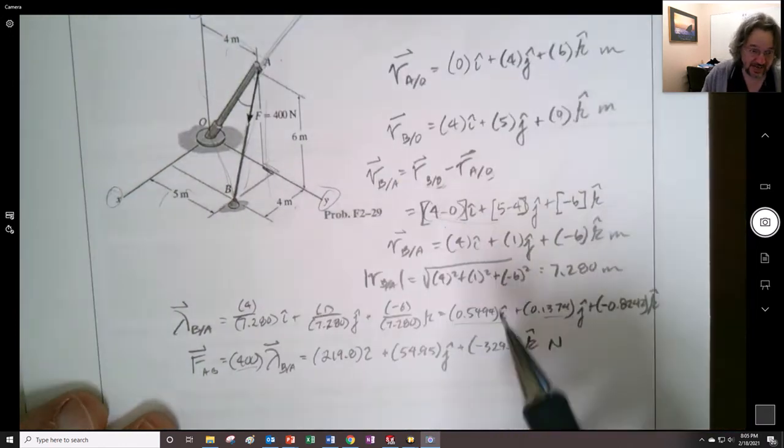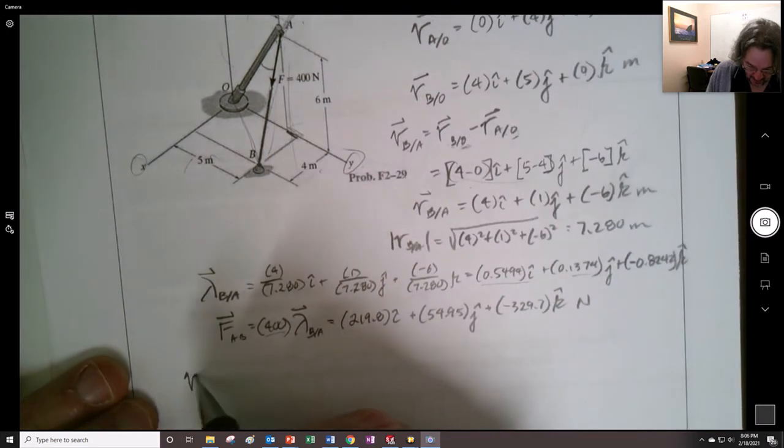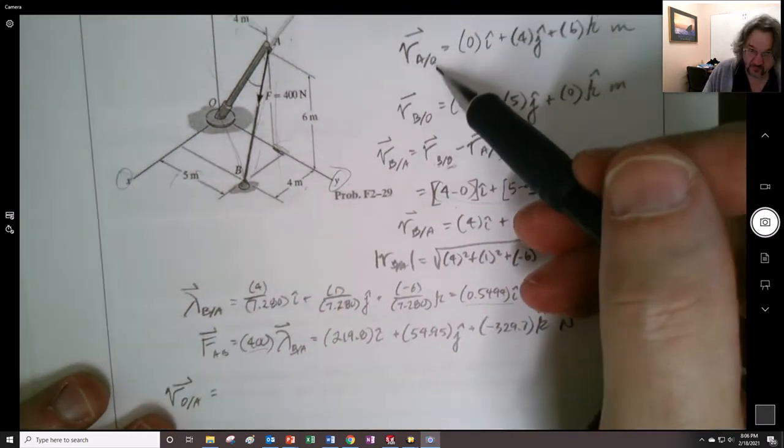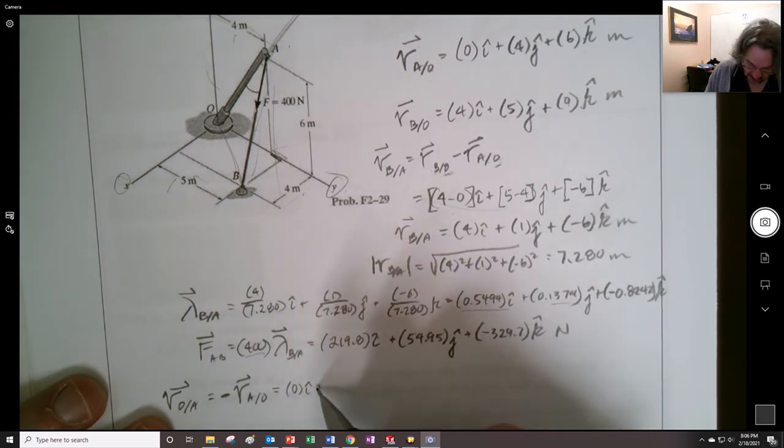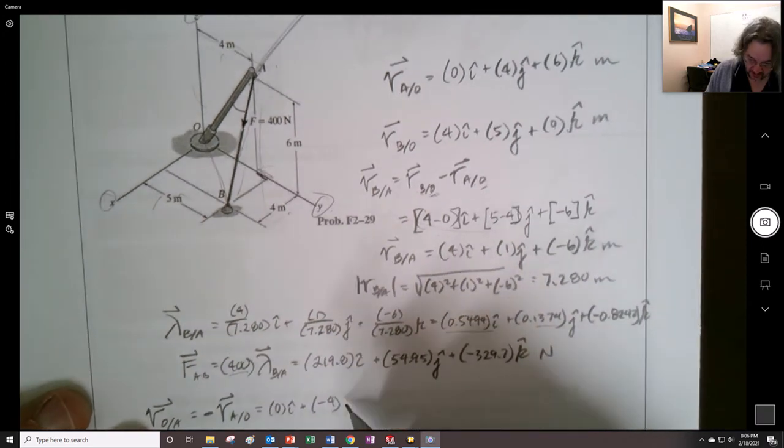So it's got to go downwards right there. And that means that O with respect to A ends up equaling the negative of A with respect to O, right there. So that's just going to be 0 I, negative 4 J, and a negative 6 K.